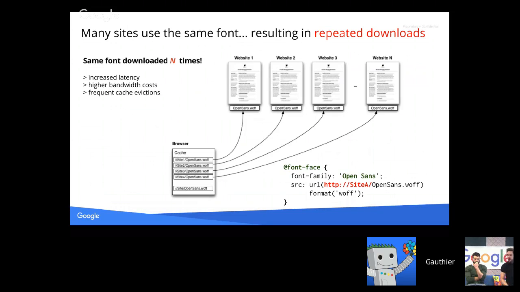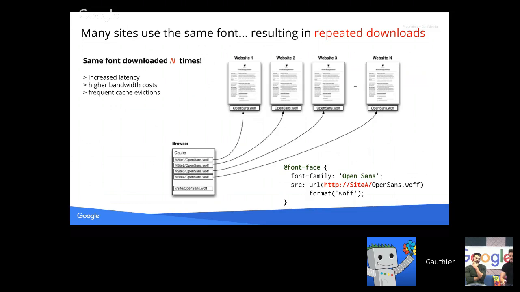The first thing is that many sites on the internet use the same font. So basically what happens is, you visit maybe one newspaper and they might use Open Sans, and then you go to some network site and they use Open Sans. While this is really good, you can also ensure that you use this coverage of the same font across multiple sites to optimize.